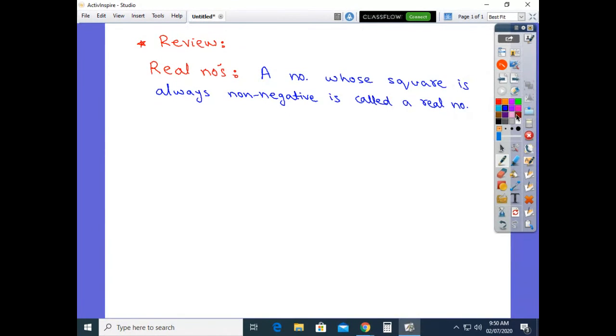For example, if we take a square of 0, it becomes 0. Therefore, 0 is a real number. Now again, if we take a square of -1, it becomes a non-negative number, that is 1.